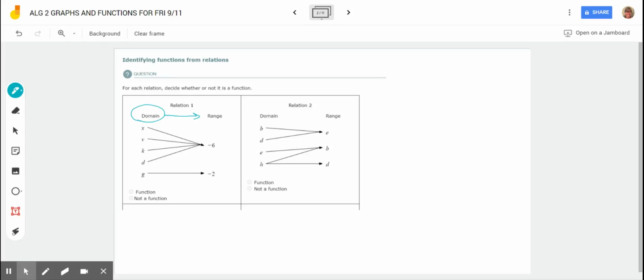I like thinking of functions as little machines: you put in an input, and it spits out an output. And there's something you must do to the input. When we put this in, you're only supposed to get one output.